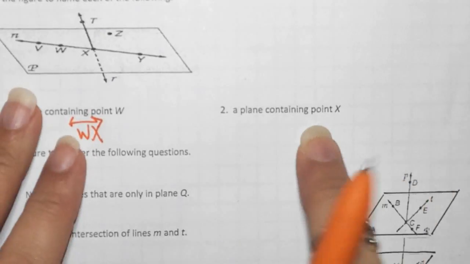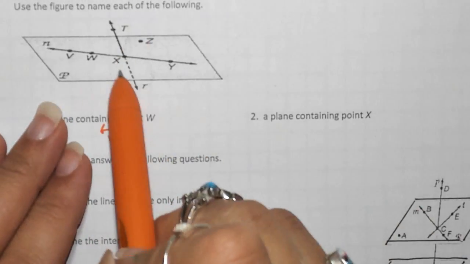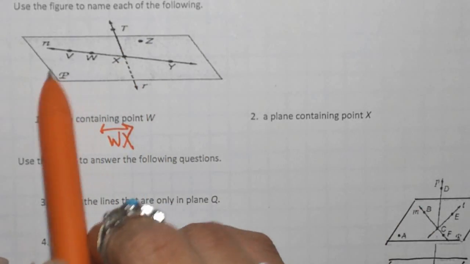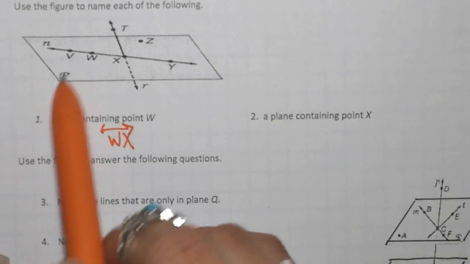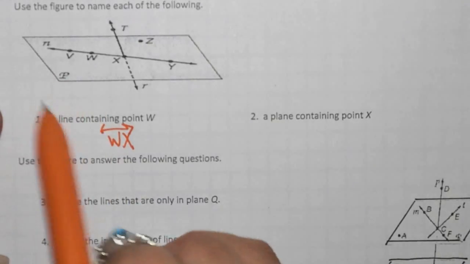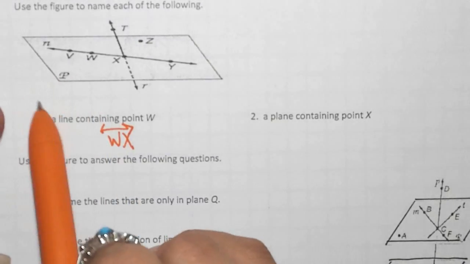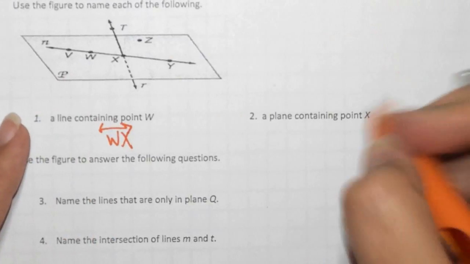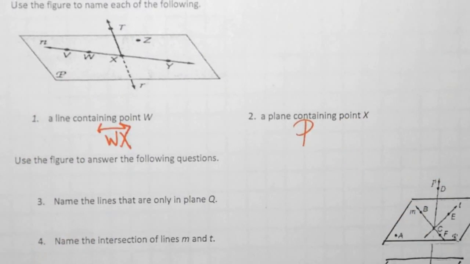Okay, a plane containing point X. So we see point X, right? What plane is it on? P. Do you see me circling it? We name planes by these little cursive letters. Or remember how yesterday I wrote A, B, and C in the top corner of the plane? That's where it's going to be. That's all you have to do. Isn't it crazy?